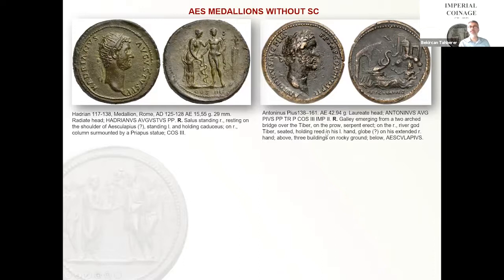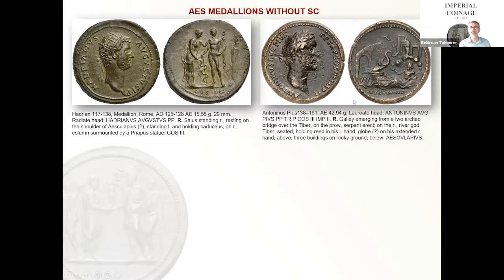On this one, we see a galley, a ship coming under the arches of a bridge over the Tiber. On the prow is a serpent, and there is apparently an island in the middle of the river on which they built an Asclepius temple.